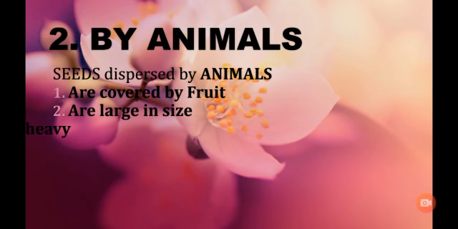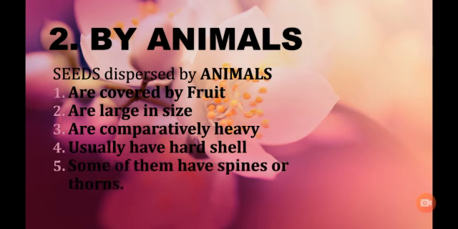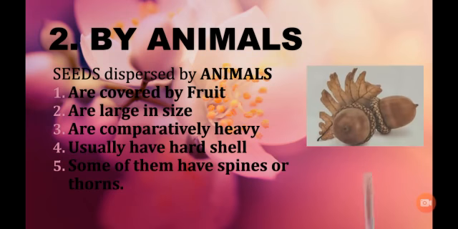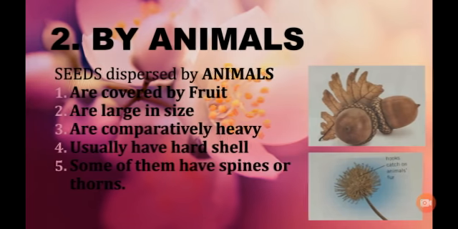Second, they are large in size and comparatively heavy. They usually have a hard shell, and some of them have spines or thorns or horny structures around them by which they can get attached to the animal body and be dispersed into their environment. So these are the two basic varieties of seeds that can be dispersed with the help of animals.